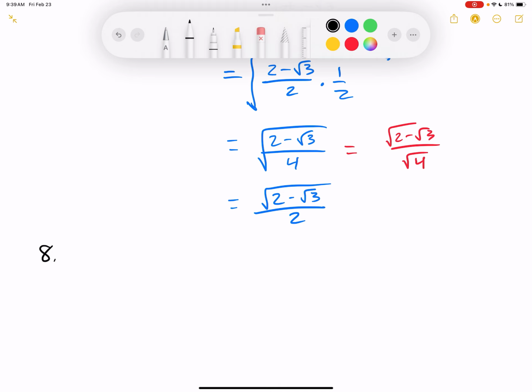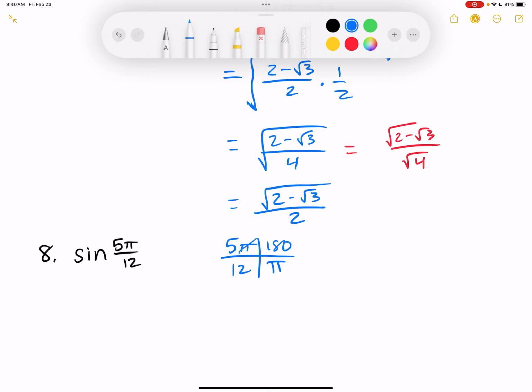Next, sine of 5 pi over 12. So what do I need to do first? Yep, make it degrees. So I'm going to do 5 pi over 12 times 180 over pi.